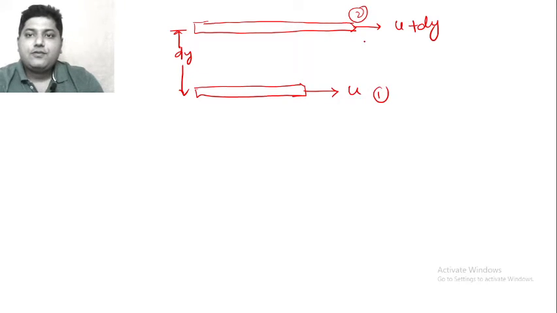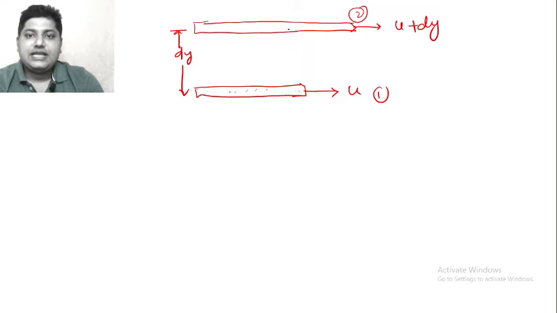The second layer will try to accelerate the bottom layer, but as the bottom fluid layer is moving with less velocity compared to the second layer, it will try to retard the second layer's motion. So there will be a relative velocity between these two layers.